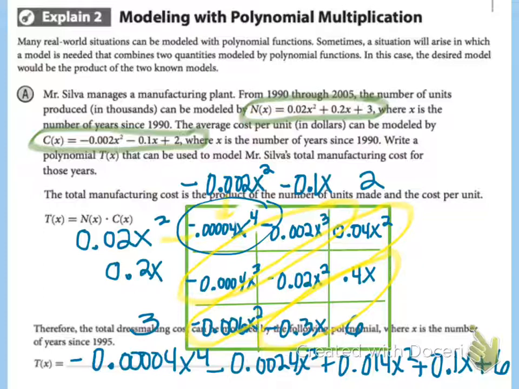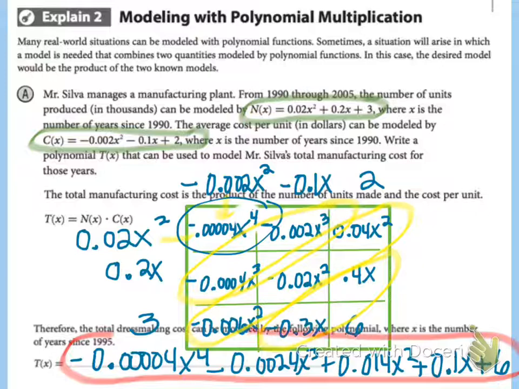So I know that was not all that fun, but I definitely think it's made easier using the box method. Just gives you a dedicated space for each of those, and being able to find the like terms on the same diagonal really does help increase your likelihood of getting it correct.